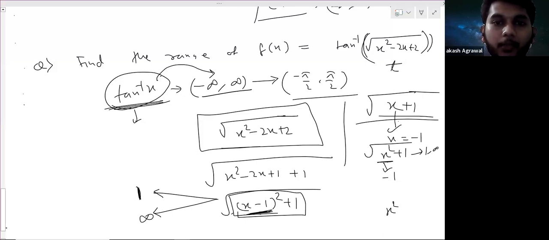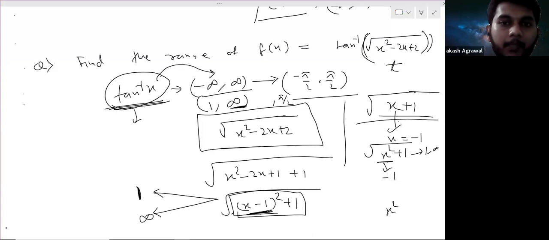We have changed the domain to 1 to infinity. So the maximum value remains the same, which is pi by 2. But the minimum is tan inverse 1. When is tan theta equal to 1? Not pi by 2, because tan 90 is not defined.